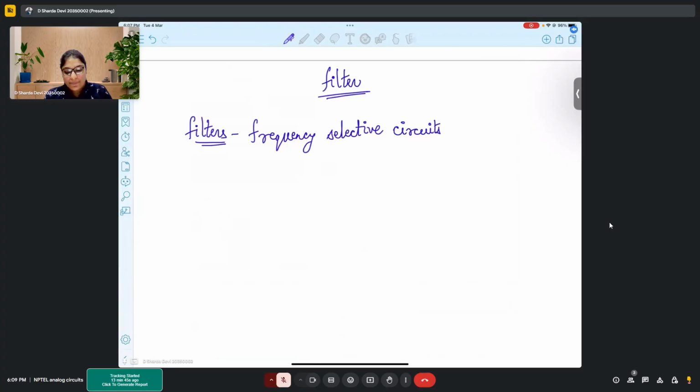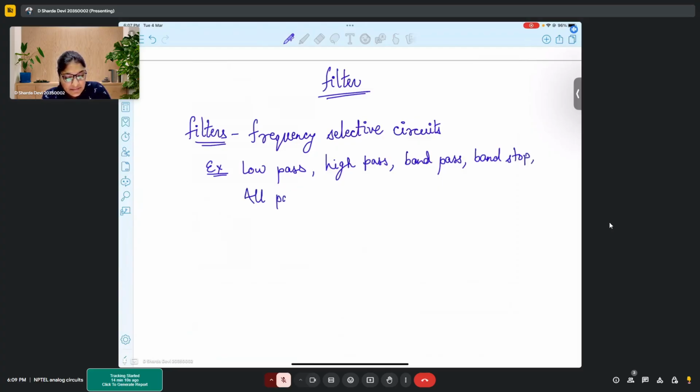If we talk about the basic types of filters, we have, for example, low pass filter, high pass filter, band pass filter, band stop filter, and there is another filter called all pass filter. We'll go through these filters one by one briefly, and then we will move into our problems, which are all based on filters for today.